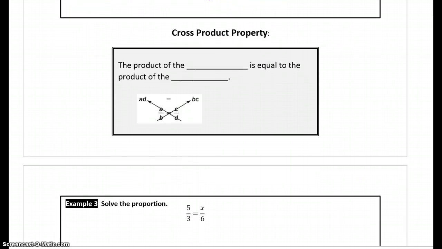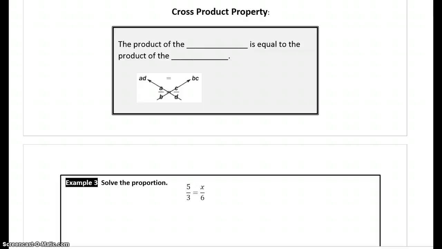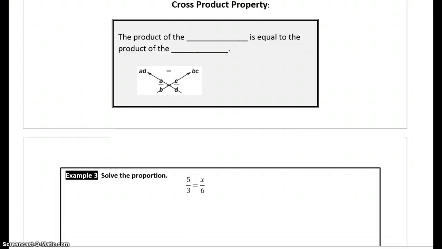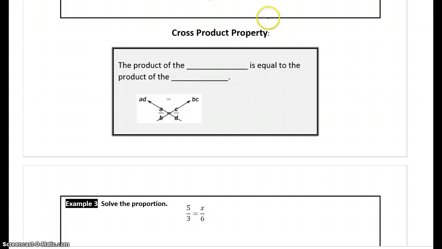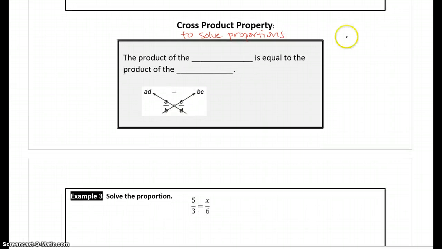Okay, so now let's turn our attention to proportions, and we will use the cross product property to solve proportions. We call this cross multiplying, or some people have learned that this is called the shoestring method, because when we cross multiply, it kind of resembles some shoestrings.